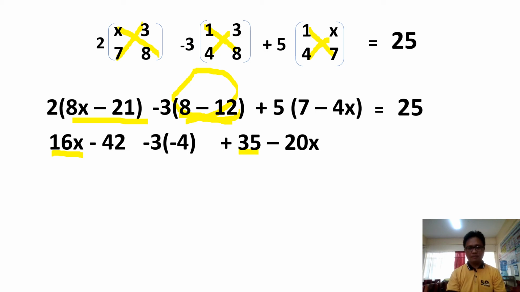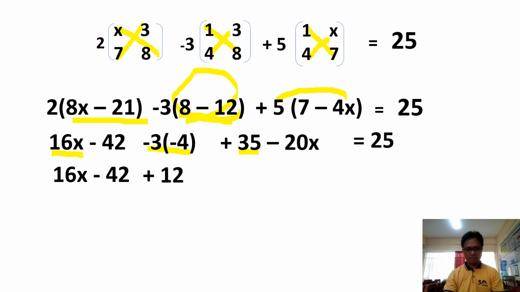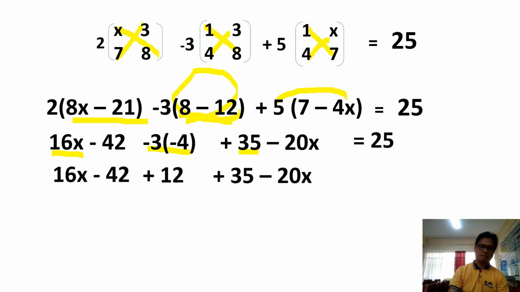Then 5 times negative 4x is negative 20x, and this is equal to 25. So copy first 16x minus 42, then you multiply negative 3 and negative 4 to get positive 12. Then copy plus 35 minus 20x equals 25.